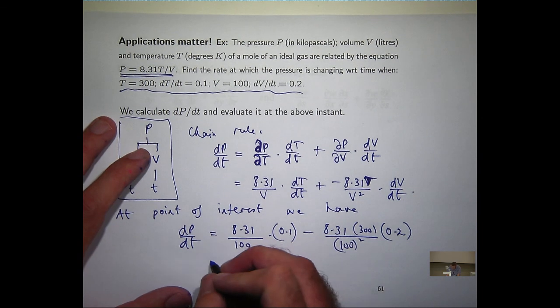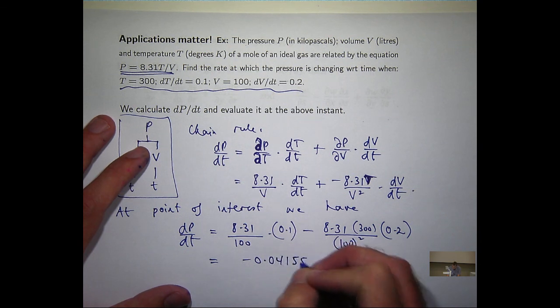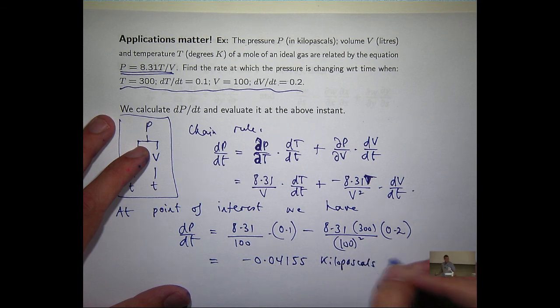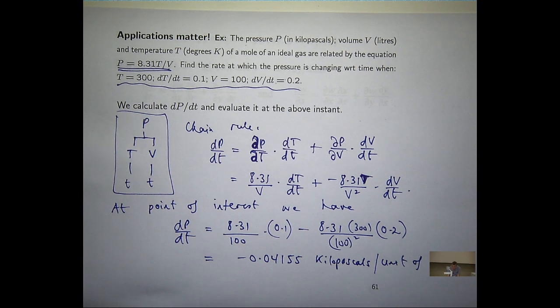And according to my calcs, you should get something like that. We don't know if time's in seconds or minutes or whatever, so I'm just going to write it in kilopascals per unit of time. Now, this is a really, really good example.